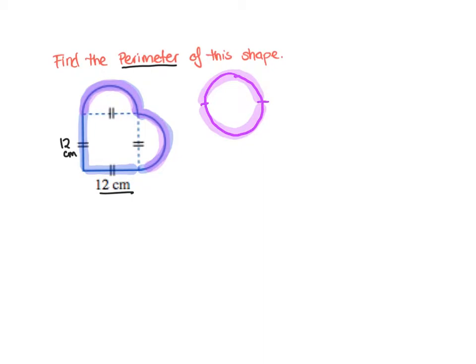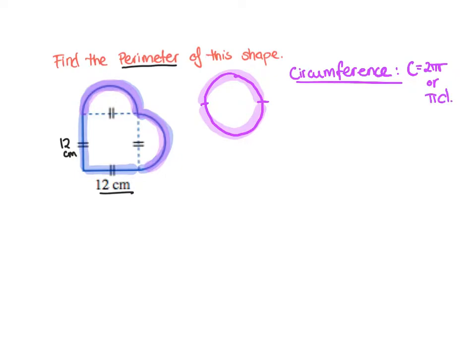So to find this purple, the edge of the curved bits, we want to know the circumference of that circle. Now with the circumference we need to use the formulas. So the circumference is either 2 pi r, or pi times d.